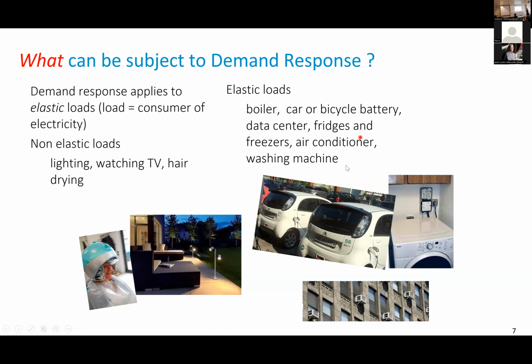but there are some elastic loads, and the mass of those is increasing as we see an electrification of energy systems. Electrification of heating systems. We replace oil and gas heating systems and coal heating systems by heat pumps that consume electricity. And we replace also cars in the future.